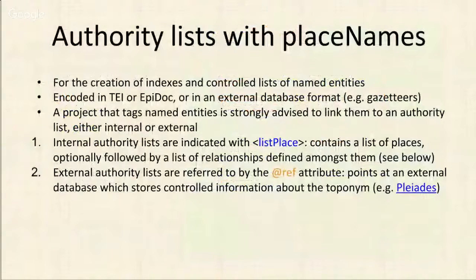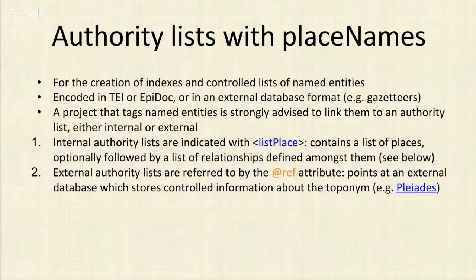One very important thing that is strongly advised in the case of projects that tag named entities is to create or to refer to authority lists. Named entities obviously refer to some kind of vocabulary. And for place names, we are actually very lucky because we can count on external authority lists, which are gazetteers of place names.